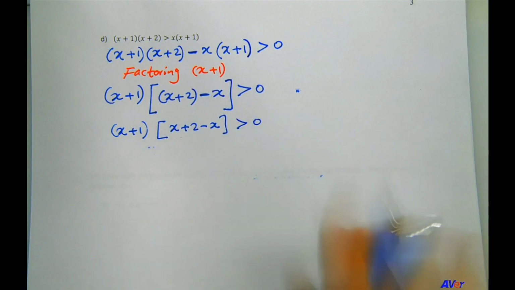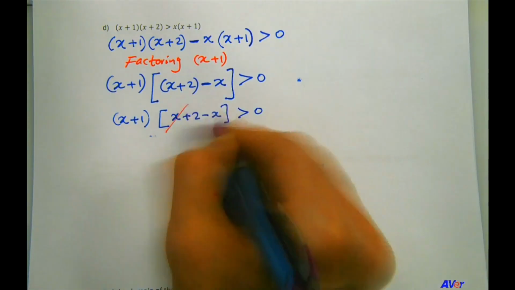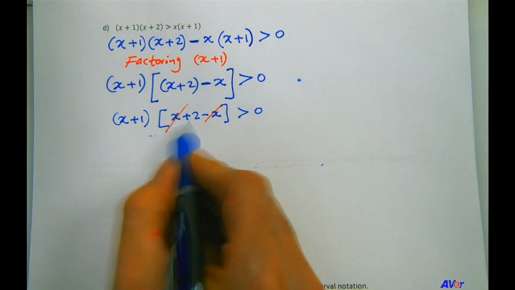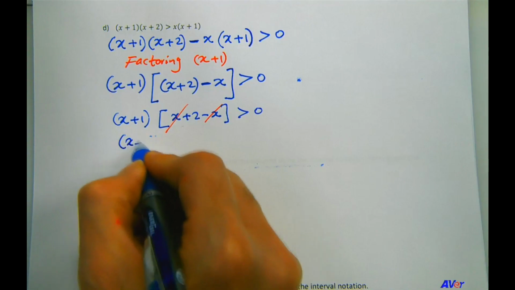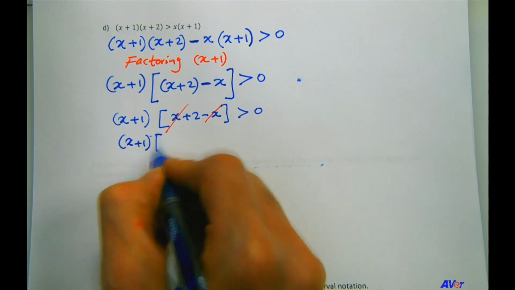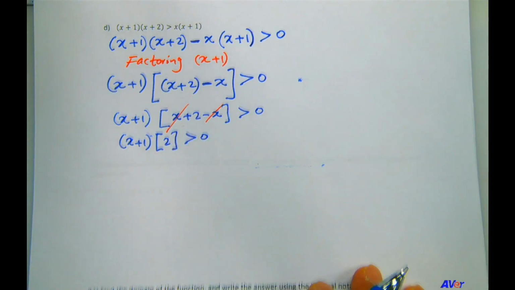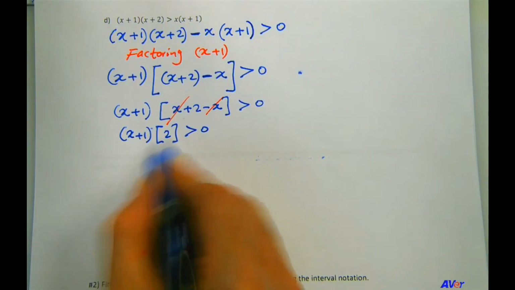And greater than 0. So now, of course, you see that this x minus x cancel each other out. So we end up with x plus 1 times 2, right, greater than 0. In other words, let's distribute the 2.